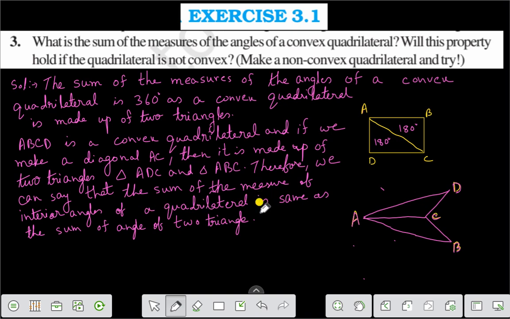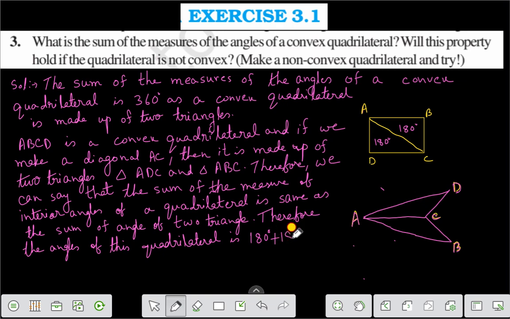Therefore the angles of this quadrilateral is 180 degree plus 180 degree is equal to 360 degree.